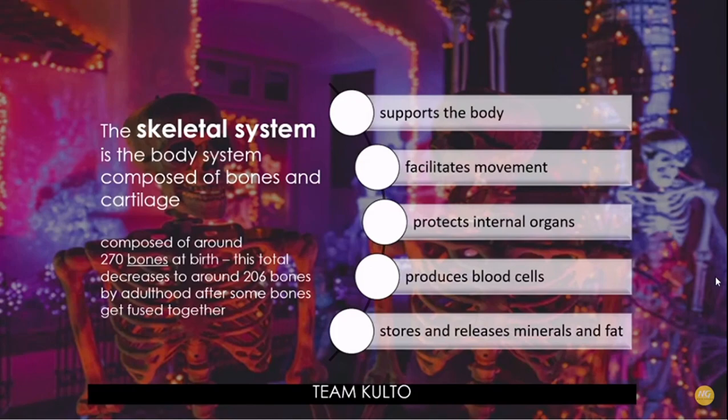So these are the functions. Number one, it supports the body. Number two, it facilitates movement. Number three, it protects internal organs. Number four, it produces blood cells. And number five, it stores and releases minerals and fats.